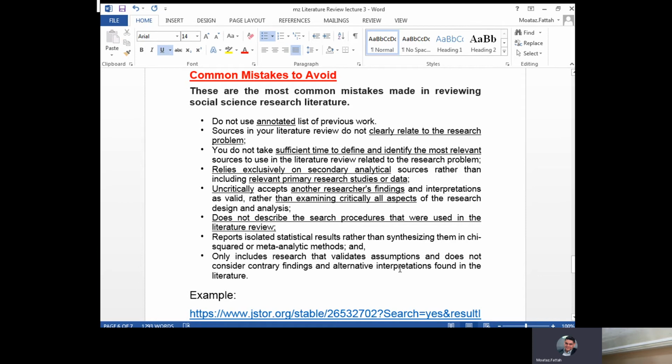Some people, when they do a literature review, make this interesting mistake, which is to report isolated statistical results rather than synthesizing them in chi-square or meta-analytic methods and so on. Meaning you just list them as if 15 pieces of research did one, two, three. Sometimes I would say there was a mistake, this researcher used chi-square, while actually he should have used regression.